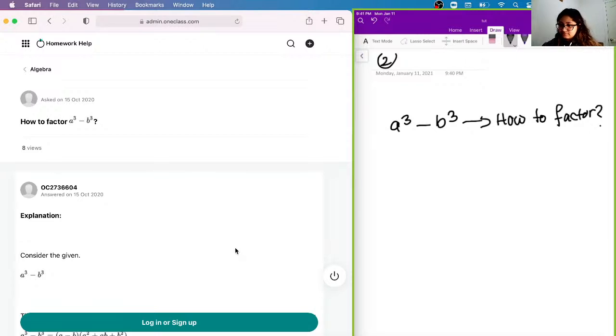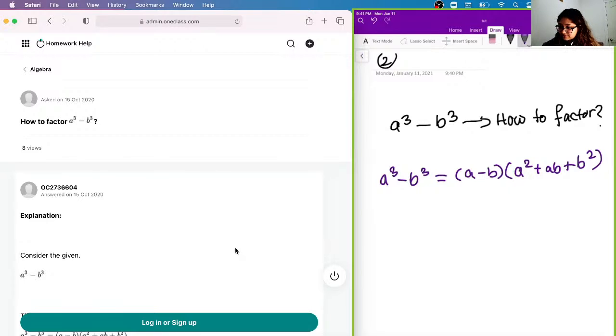We're given a difference of two cubes, and it can be factored based on an identity. The formula says a cubed minus b cubed is equal to a minus b times a squared plus ab, and so on.